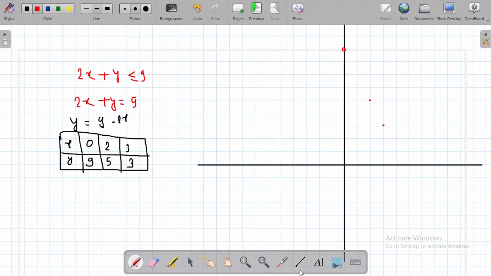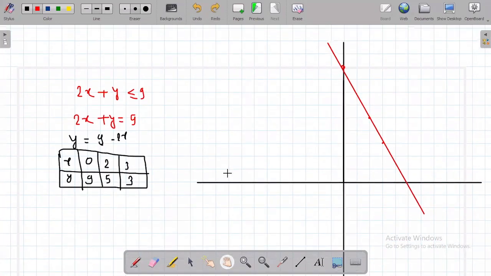So the line we are going to construct, this is the line which will be formed. After making the line, now we need to test the feasible region.